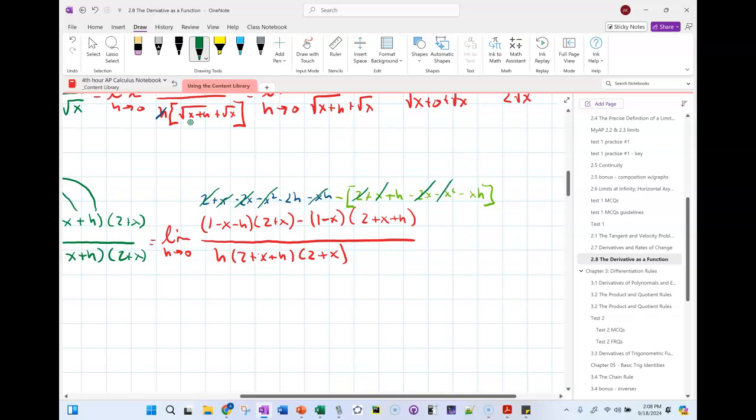And I have negative xh minus negative xh canceling out. So all I'm left with is a minus 2h in the numerator. So far, so good. What do I do next? Reduce the h's.